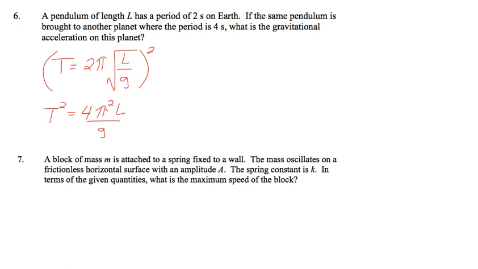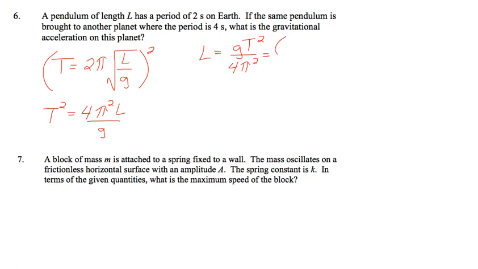I want this one solved for L, and then I'll know what the L is for the pendulum that is brought to the other planet. So if I rearrange this to solve for L, I'm going to bring g up there and the 4 pi squared down there. So L equals g T squared over 4 pi squared.